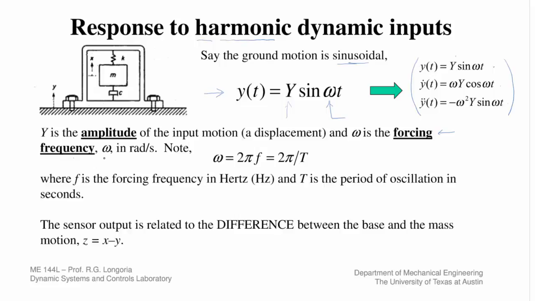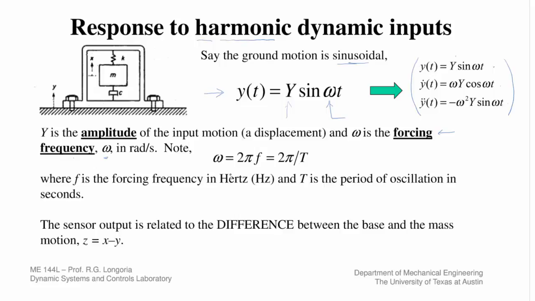The forcing frequency omega in radians per second is also related to the forcing frequency in hertz, which is also related to the period of the forced oscillation. Remember, distinguish this from the unforced response of the system, as you might have seen when we talked about the response of a basic mass spring damper system, or as you've seen in 344. These are now forcing periods, frequencies.